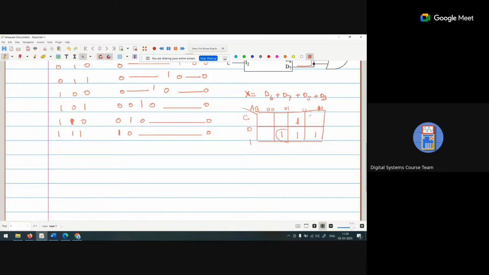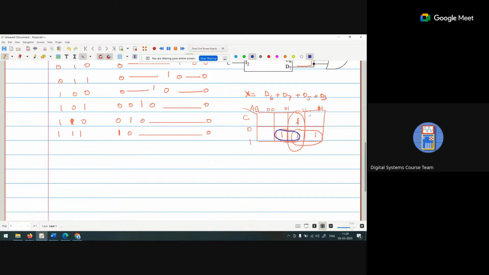So one group is this one, one group is this one, and one group is this one. Okay, so if we go with the first group, I just mark it with the blue color.